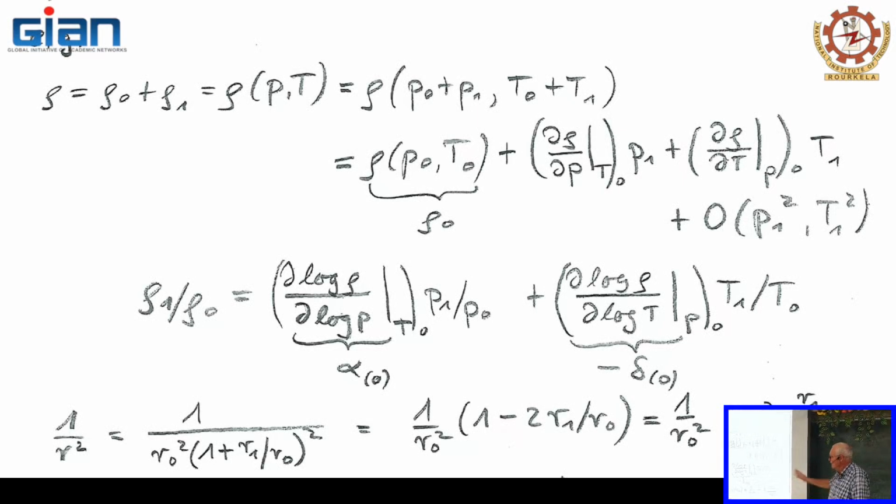So it is done very much the same way as the density is linearized, using the formal prescription of an equation of state, rho as a function of pressure and temperature. So it can be done very much the same way for the energy generation rate and the opacity kappa.